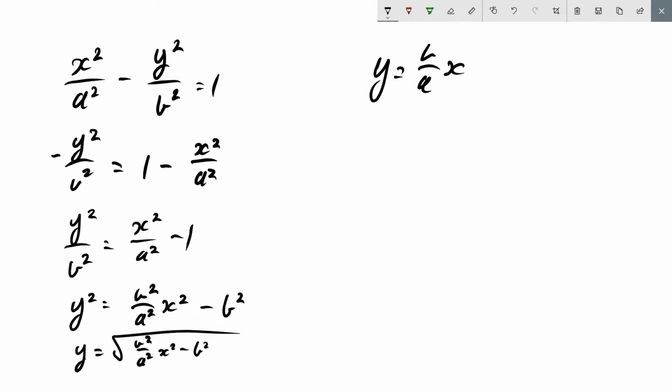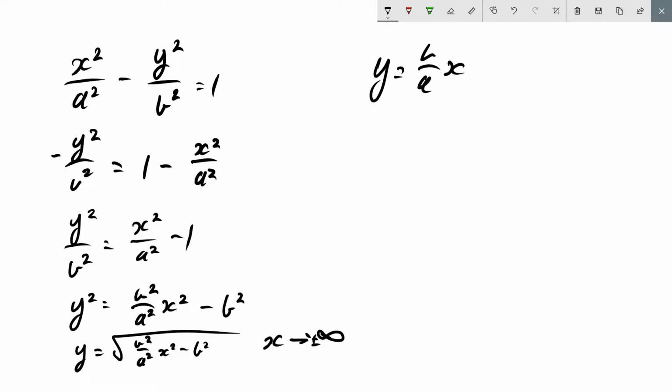We assume that x is heading towards plus or minus infinity. What's going to happen? This term here is going to be really, really big, and then this is going to be something proportionately small.